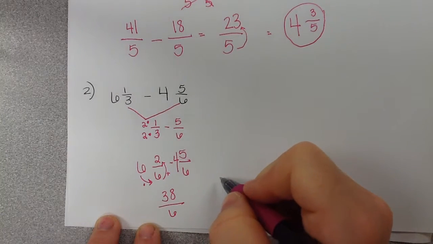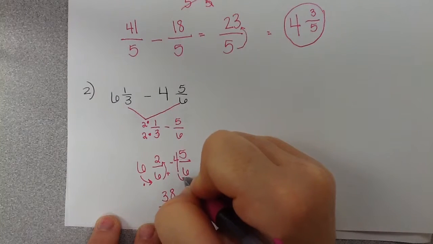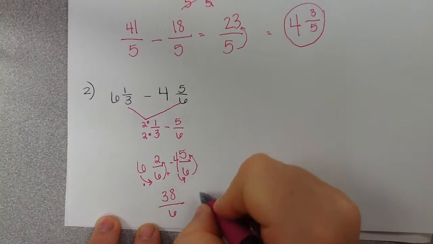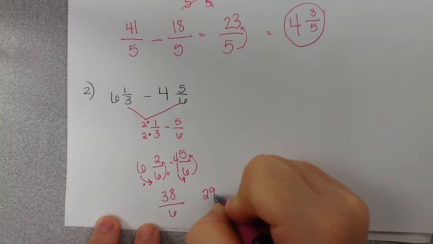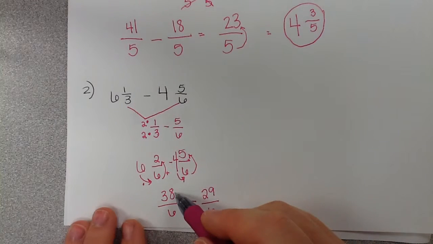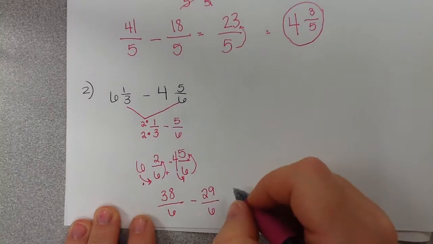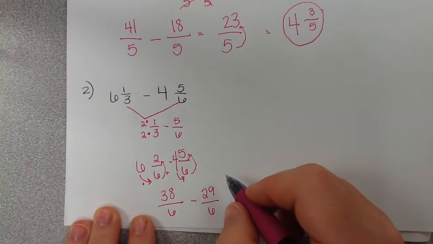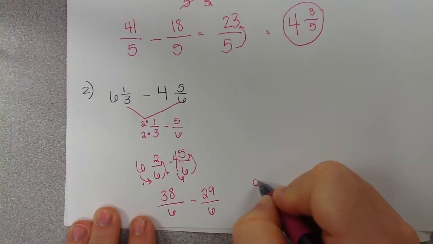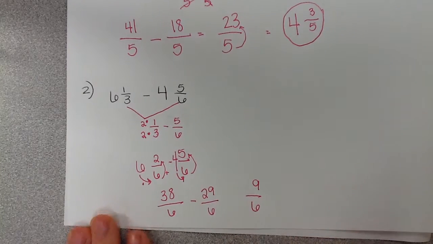We're going to do the same thing here. 4 times 6, 24, plus 5, 29 over 6. Now we can go ahead and subtract those. 38 minus 29 is 9 over 6.